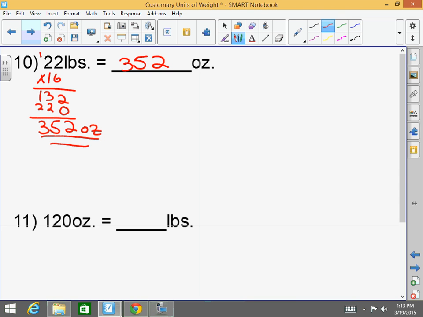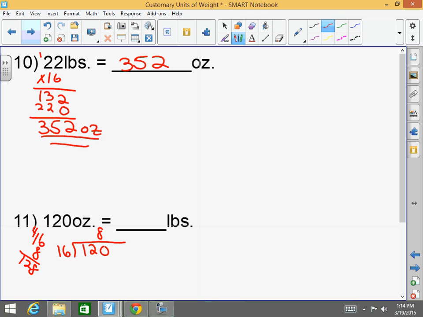How about 120 ounces to pounds? I'm dividing because I'm going from small to large. Excellent, sir. So 16 into 120. That's going to go in, let's see, 5 is 80... 9? No, 90 and 54 will be too much. 8, 80, and that's it, 8. Because 16 times 8 is 128.